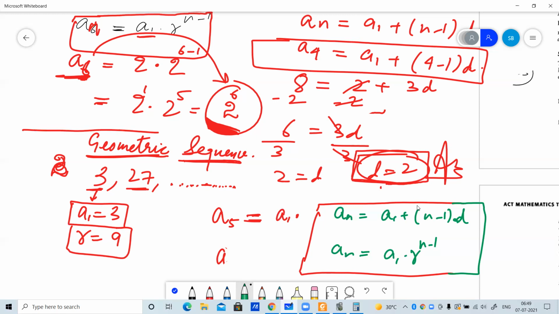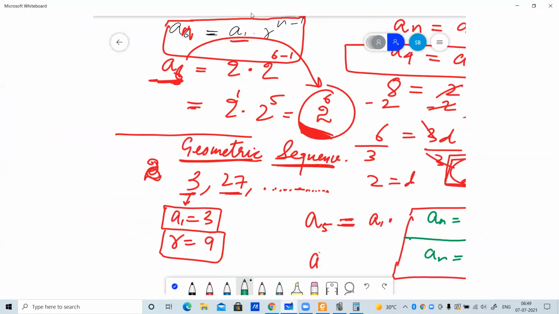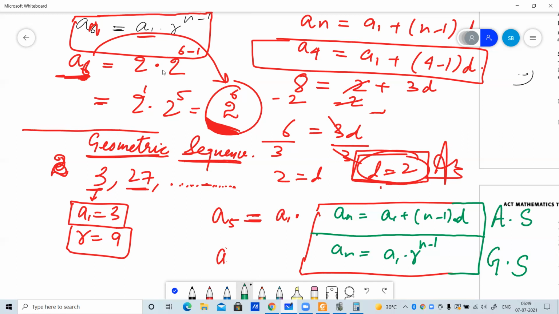We're interested in the geometric sequence right now, and we have to use the formula for a geometric sequence. I have written the two formulas. The first formula is for the arithmetic sequence, and the second formula is for the geometric sequence. Okay, I'm going to redo it.